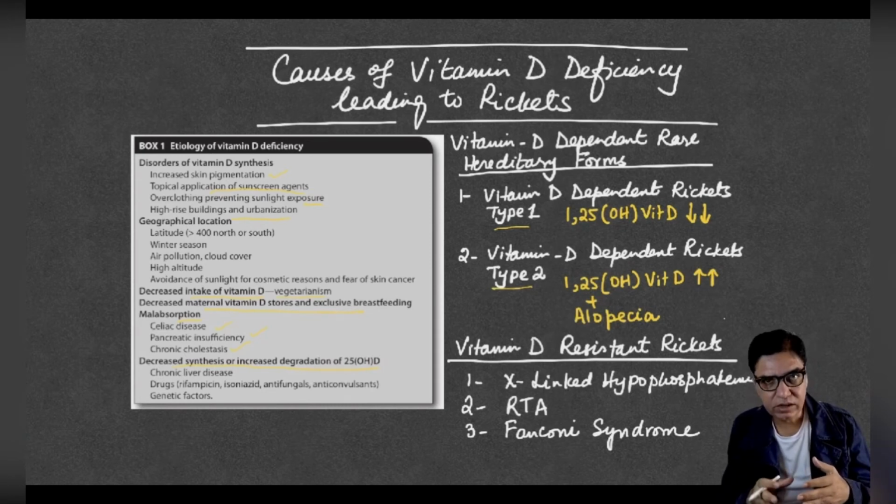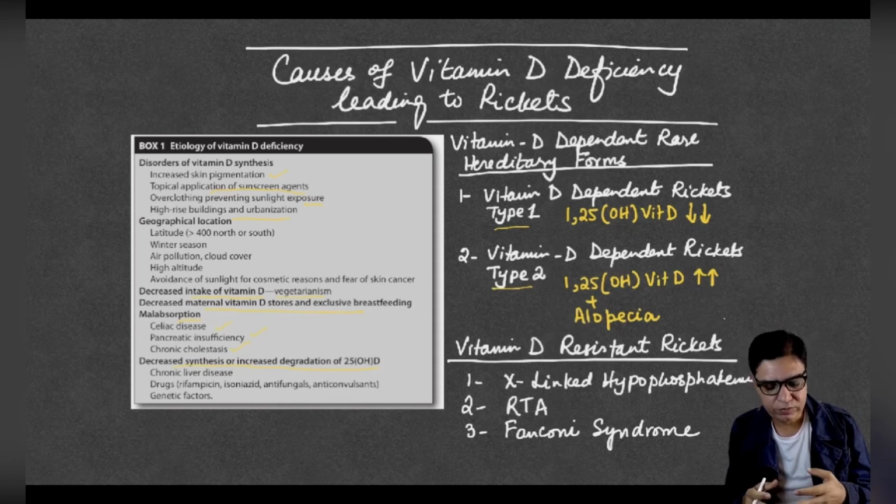If that enzyme is missing or deficient, then this hydroxylation would not occur and vitamin D3 would not be converted to the active form. So when it is not converted into the active form, what would happen? The body would not be able to absorb calcium and phosphate from the intestines.